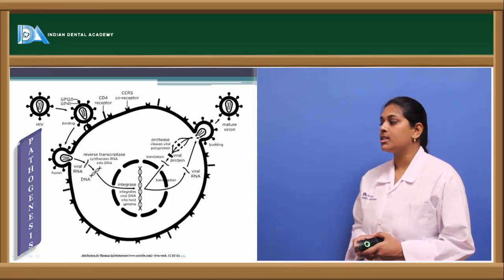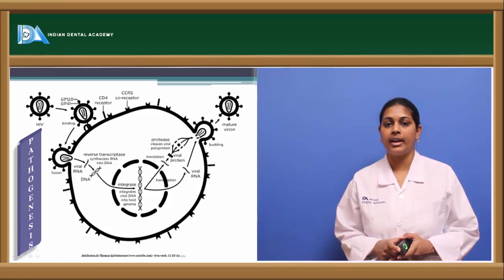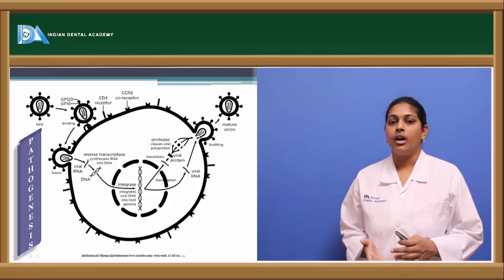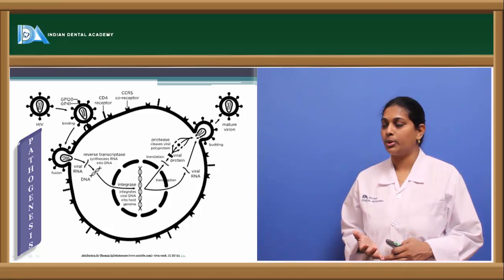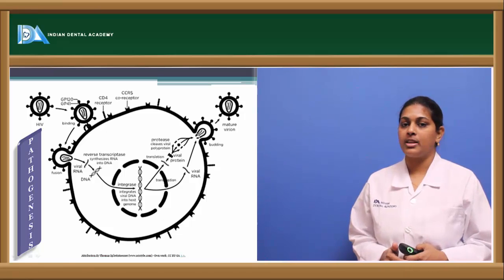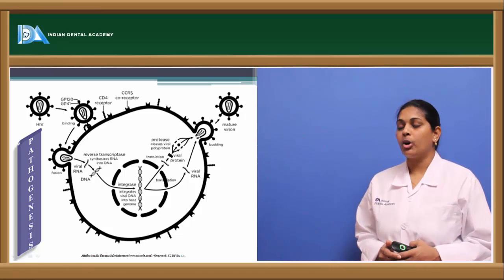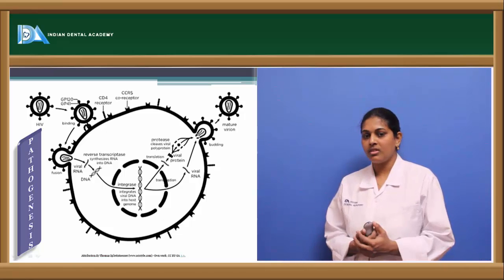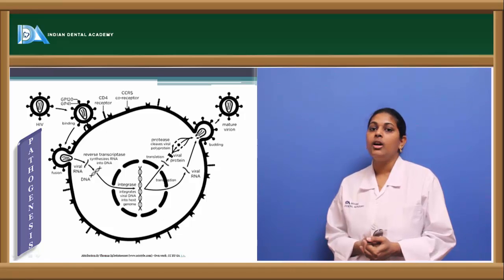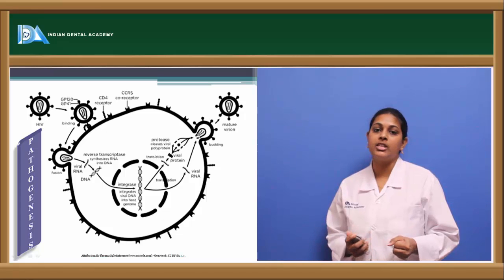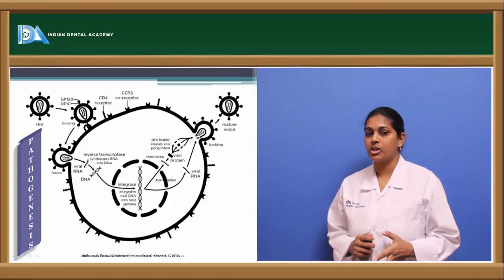Once the CD4 cell is recognized by the HIV, it binds with the help of GP120, which is an abbreviation for glycoprotein 120. This is mediated with the help of co-chemokine receptors, which mediate the binding of glycoprotein 120 with the CD4 plus T cell present on the host cell.